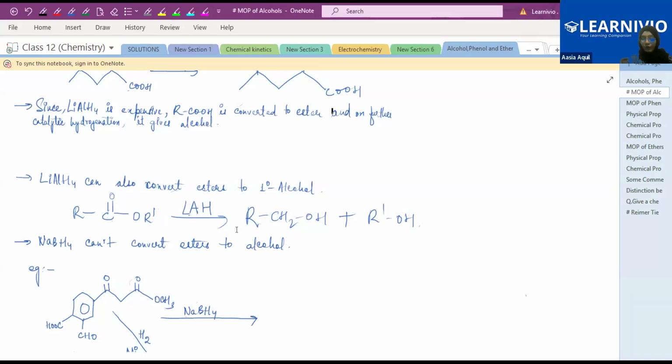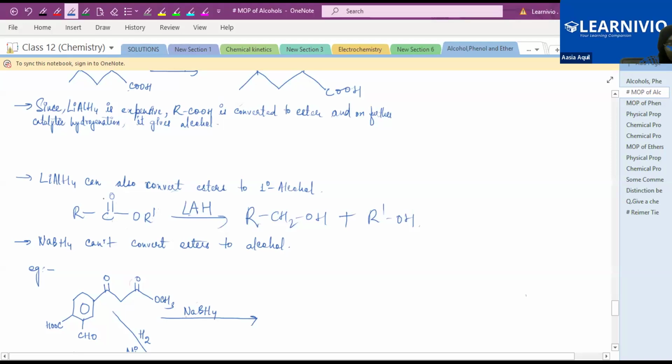So first we convert the carboxylic acid to an ester, and then by catalytic hydrogenation of the ester we achieve the alcohol. So we don't use this expensive material, lithium aluminum hydride. Instead of this one-step mechanism, we follow the two-step mechanism. First step, the carboxylic acid gets converted into an ester, and that ester on catalytic hydrogenation will give you the corresponding alcohol. So we use this due to the expensive nature of lithium aluminum hydride.